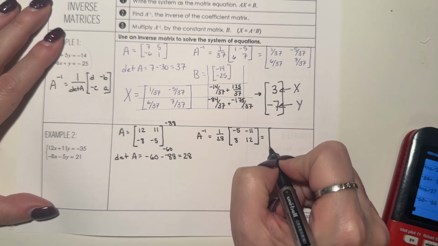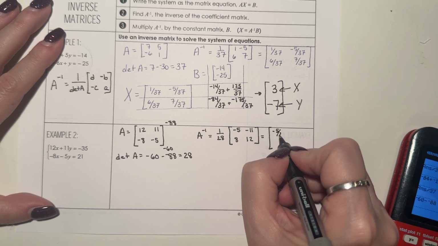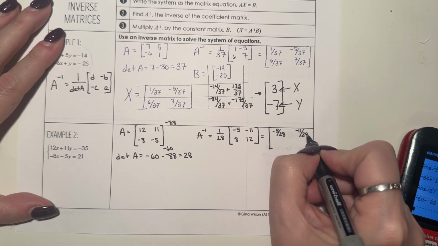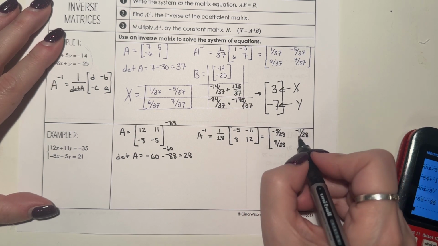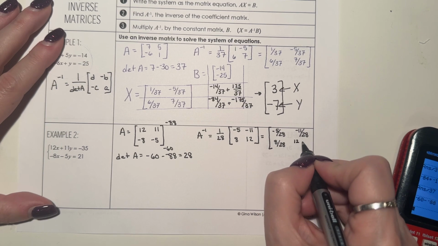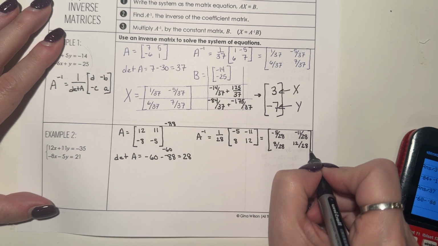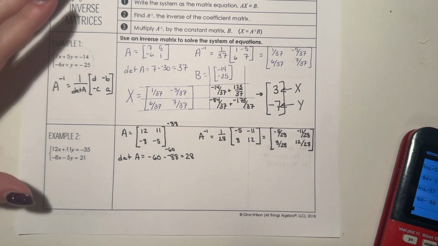So I'm going to have negative 5 over 28, negative 11 over 28, 8 over 28. Yes, I know I can reduce that, but remember, I just talked to you about why we're not going to do it. And 12 over 28. If I were just finding the inverse, I would absolutely put it in lowest terms.